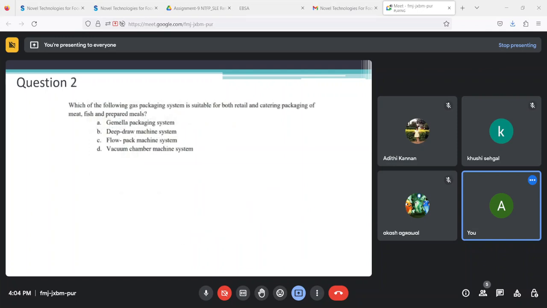Okay. Question 2. Which of the following gas packaging system is suitable for both retail and catering packaging of meat, fish and prepared meals? So A, you have Gamela packaging system, B, deep draw machine system, C, flow pack machine system, and D, vacuum chamber machine system.